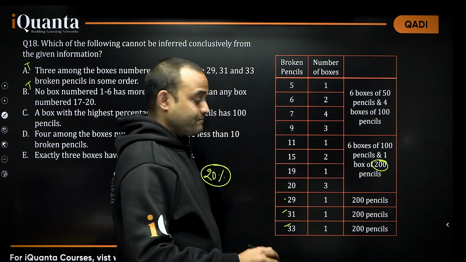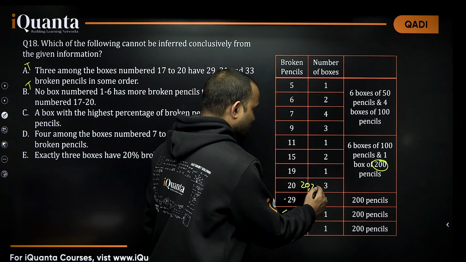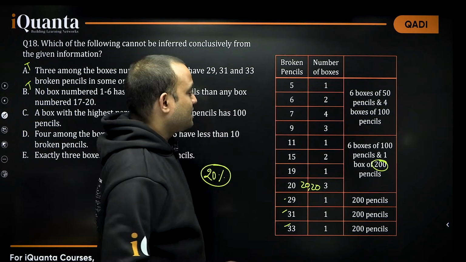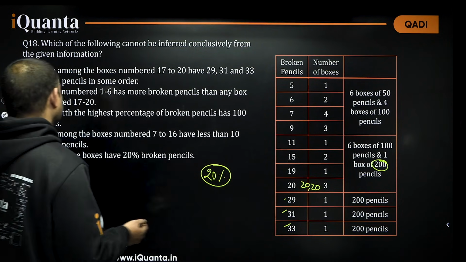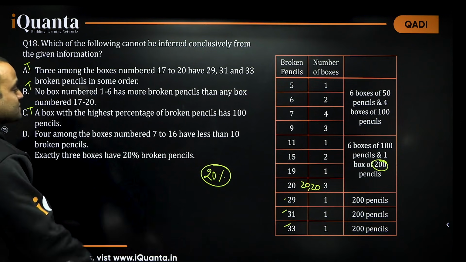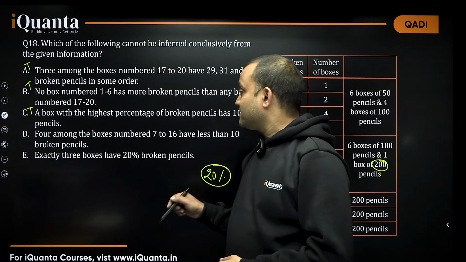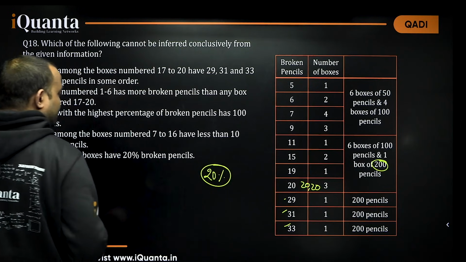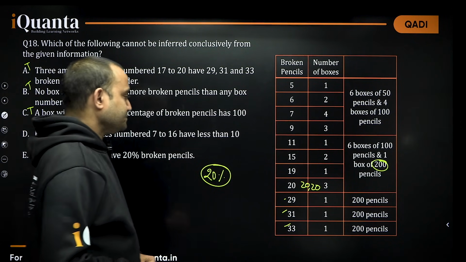So out of these 20s, there will be 2 20s which must belong to 100 pencil boxes. So 20 out of 100, 20% maximum. That is also true. Next: 4 among the boxes numbered 7 to 16 have less than 10 broken pencils. Okay.